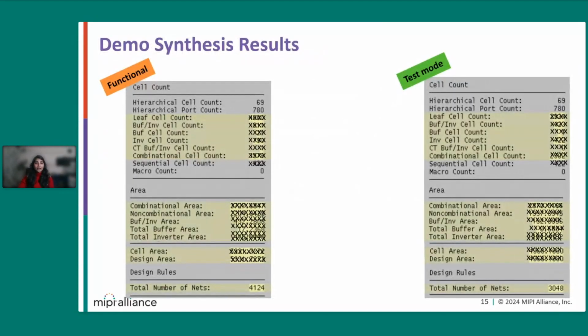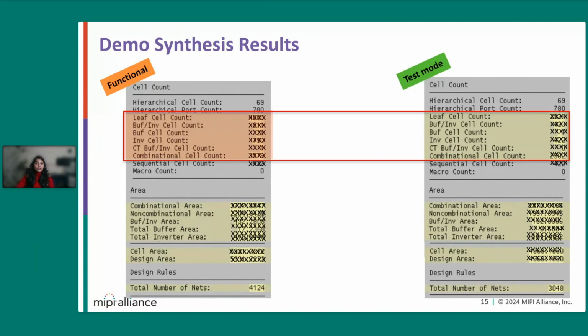For that, here I am comparing the synthesis result obtained by using functional and test constraints. If we peek into the gate count of the result, we can see that in the test mode, synthesis is better than the functional mode, and we have almost 1,000 cell count reduction.